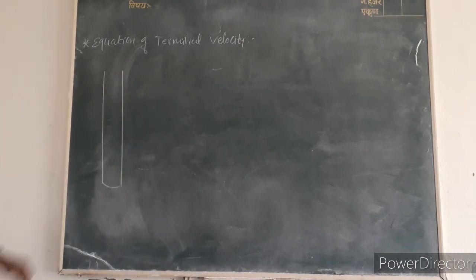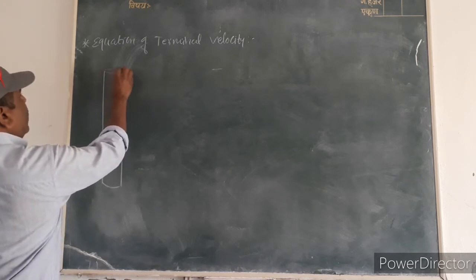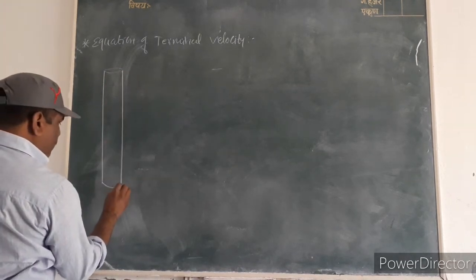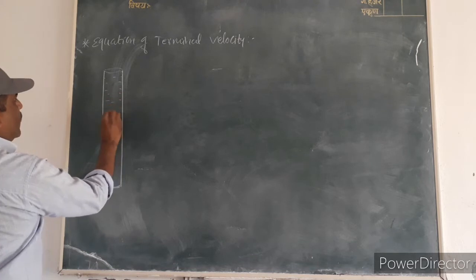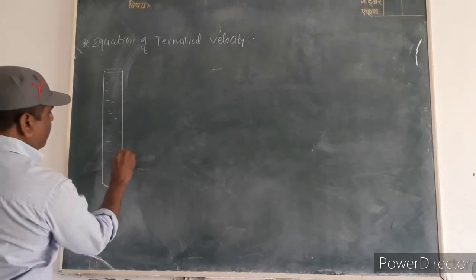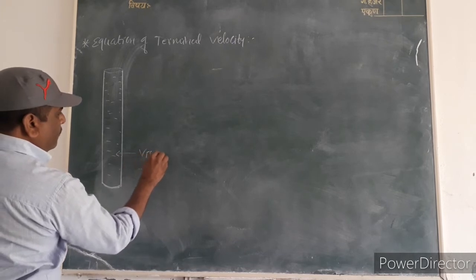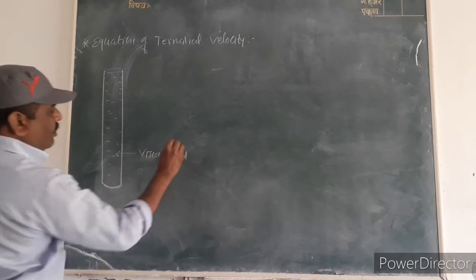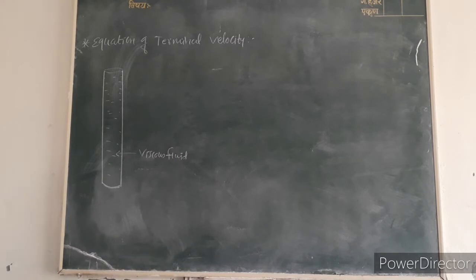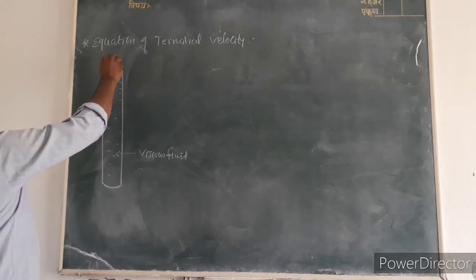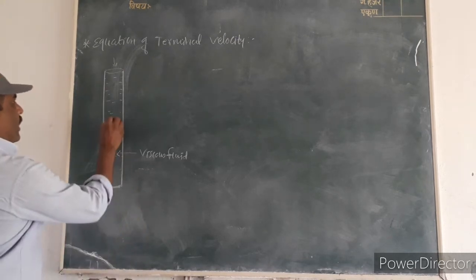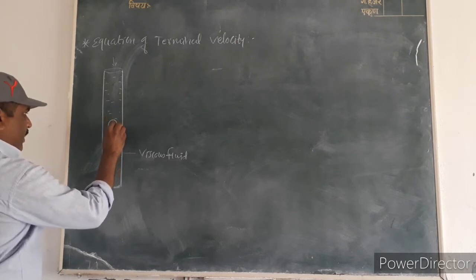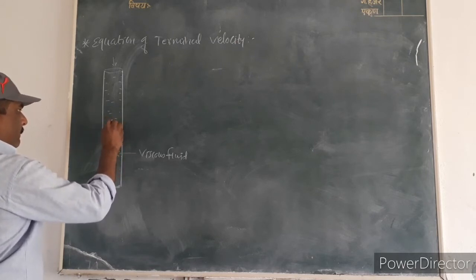This glass tube is open at the upper end and closed at the bottom end, and this glass tube is filled with viscous fluid or viscous liquid, and a spherical ball is dropped into it.